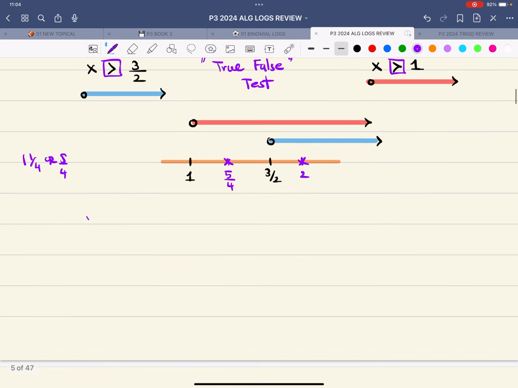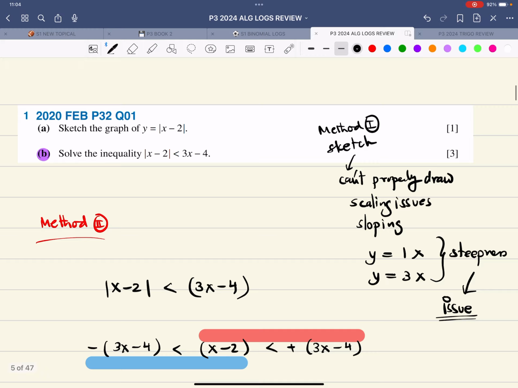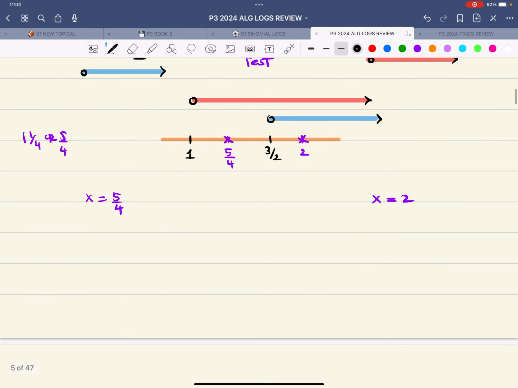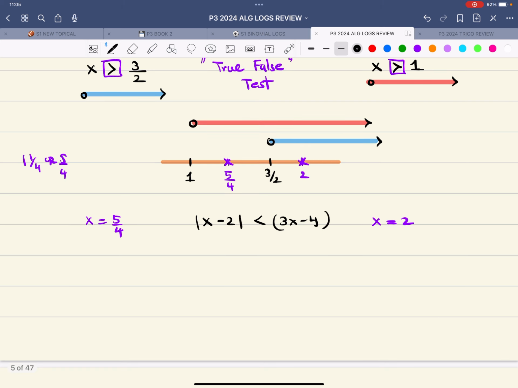Now let me write x is 5 over 4, x is 2. Let me write the original inequality, which is modulus of x minus 2 is less than 3x minus 4. Now if I put in 5 over 4, what happens?